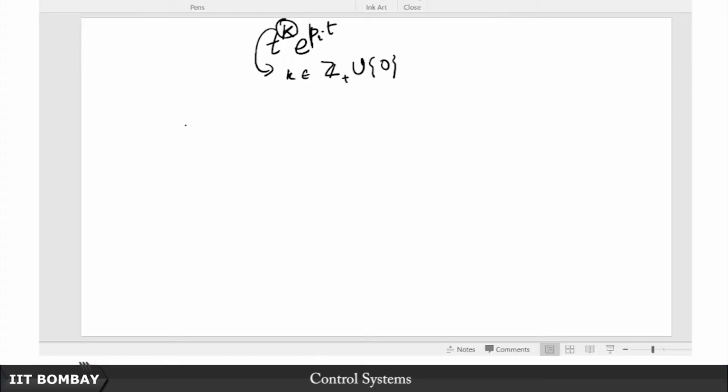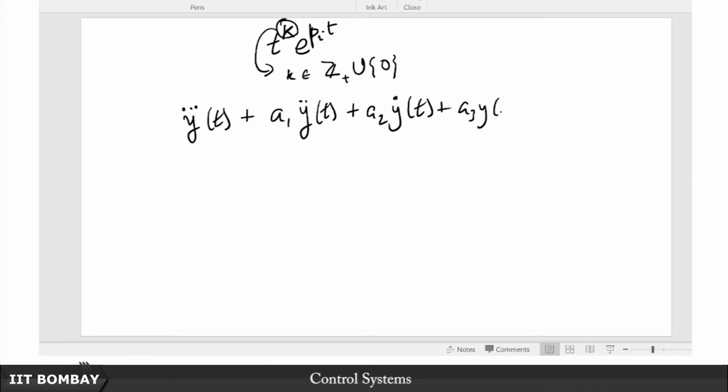Now we have been talking a great deal about these non-zero initial conditions, so let us take a quick look at an example. Suppose you have y triple dot t plus a1 y double dot t plus a2 y dot t plus a3 y of t equal to 0. Why 0? Because remember we are talking about the zero input response.